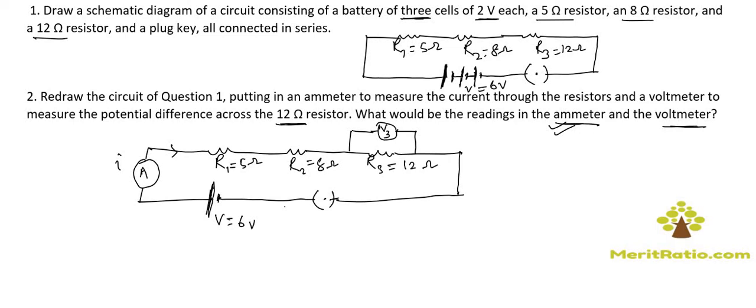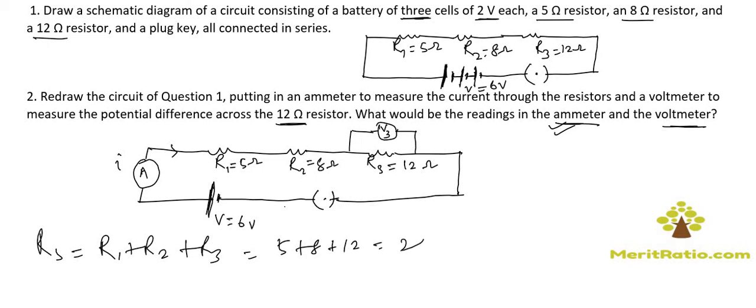We can very fast calculate the value of I. First of all, we are required to find the equivalent resistance so that we are able to find the value of I. Rs is equal to R1 plus R2 plus R3. This has become 5 plus 8 plus 12. This is how much? 25 ohm.